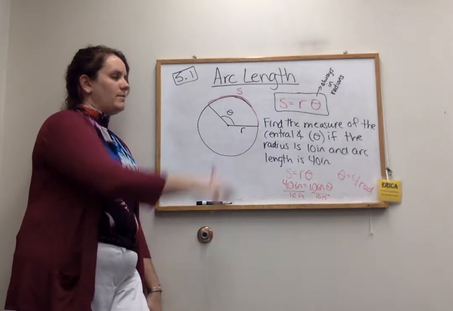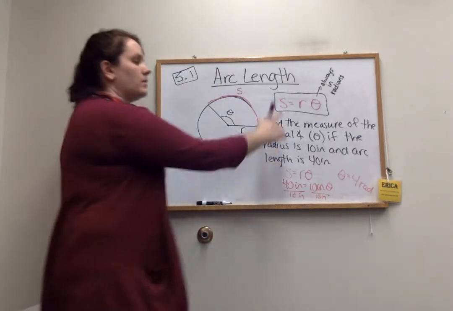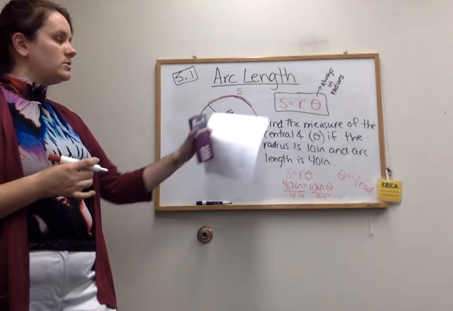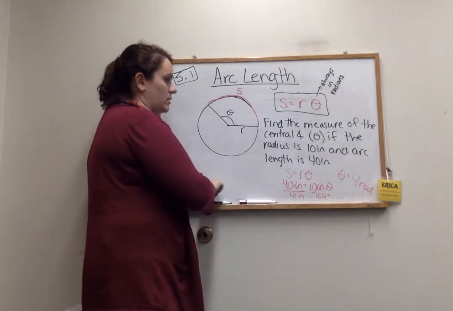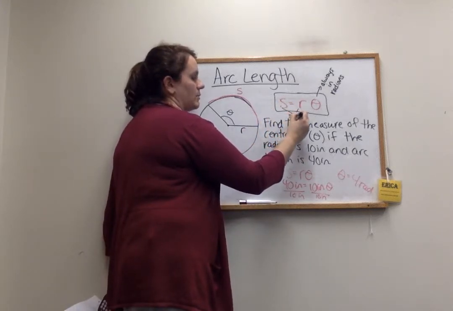Really, the only thing that maybe makes it a little bit trickier is if your radius and your arc length are not the same unit. In order to use this formula, they have to be the same unit. So S and R have to be the same unit.